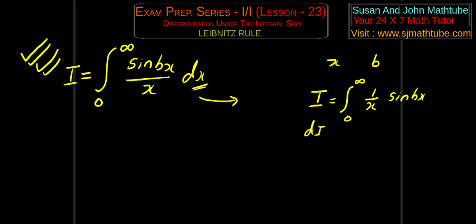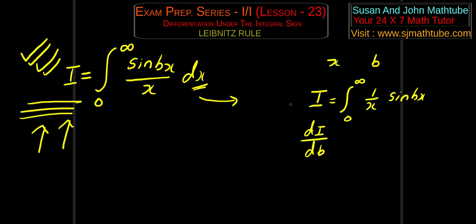If I differentiate with respect to b, as many of you will expect in the exam. I'm repeating, this is a very important question in the sense that if you are doing it for the first time, the chance of success in solving this problem is very thin, very lean.